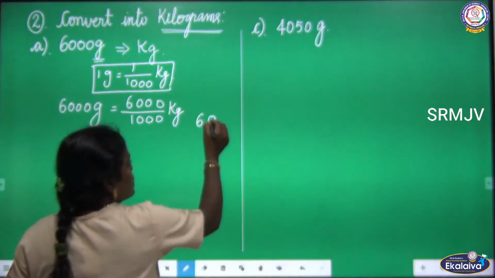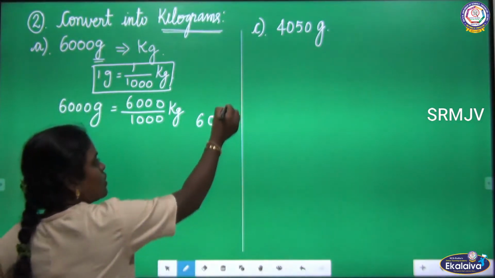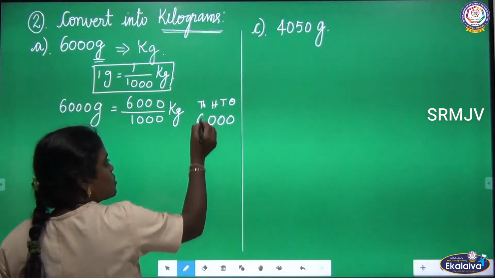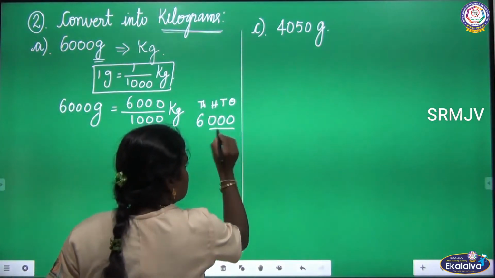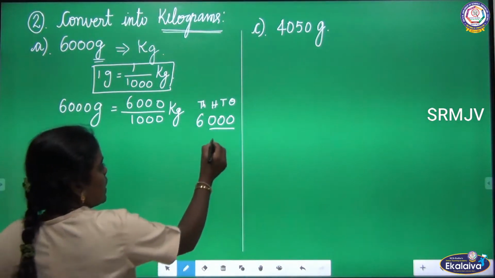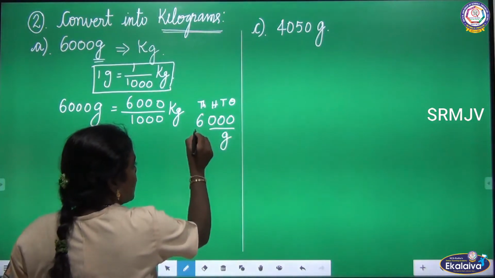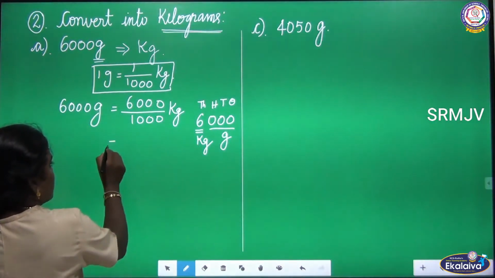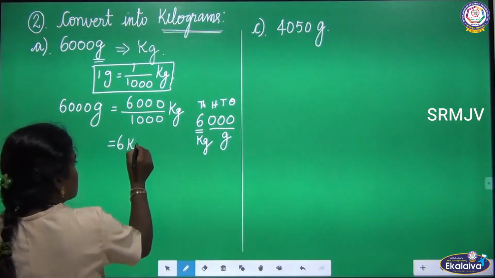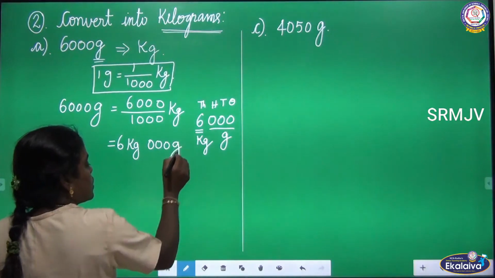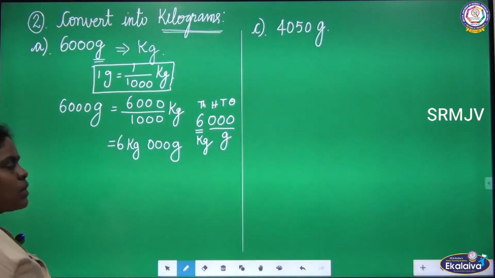So now let us use the easier method. Write down the number 6000. Write the place values. So we are going to take the last 3 digits, that is ones, tens and hundreds are gram and the remaining digit is kilogram. So here we got the answer 6 kilogram and 0 gram. So there is no value for the number 0.